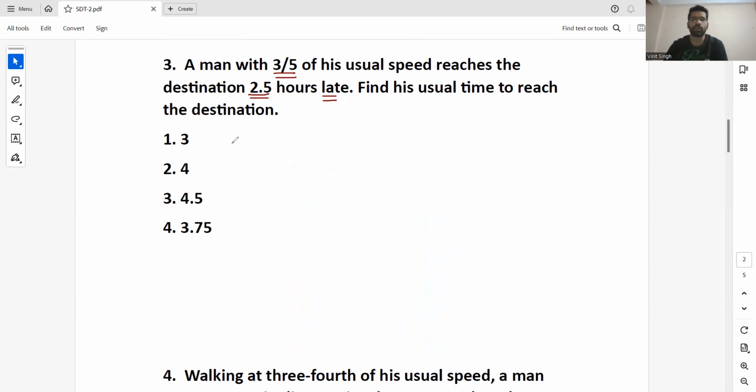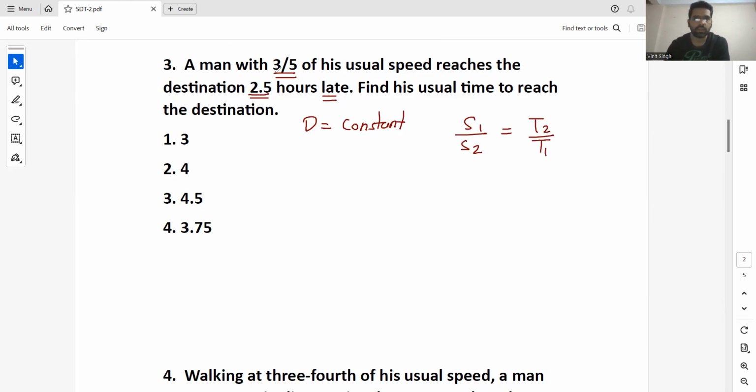This is a very simple question. Now in this question, what is the constant? The constant is distance. So if the distance is constant, we know that S1 upon S2 is equal to T2 upon T1.